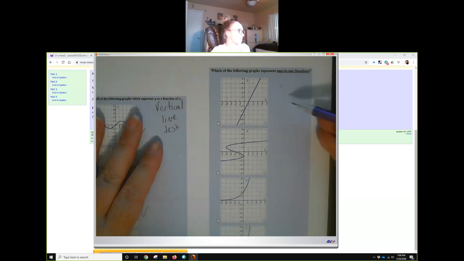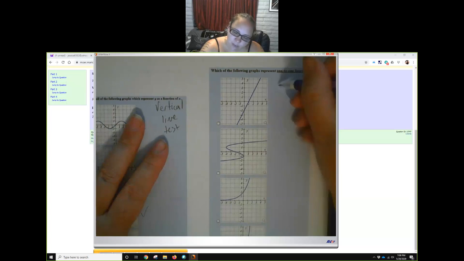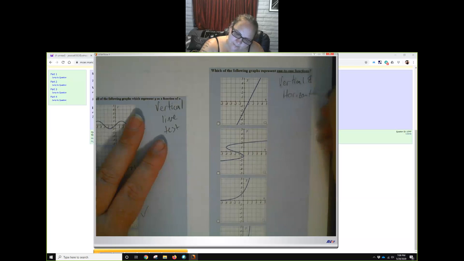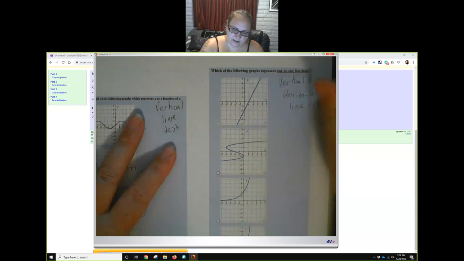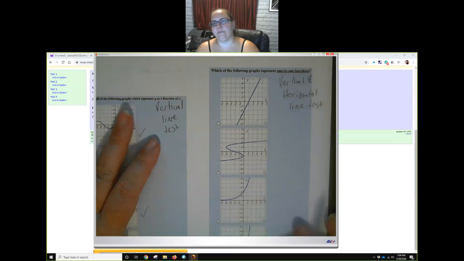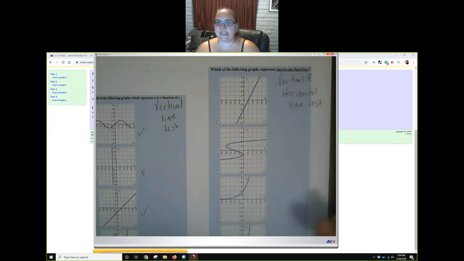And then for something to be a 1-to-1 function, it would have to pass both the vertical and the horizontal line test. The vertical line test tells us, is it a function?